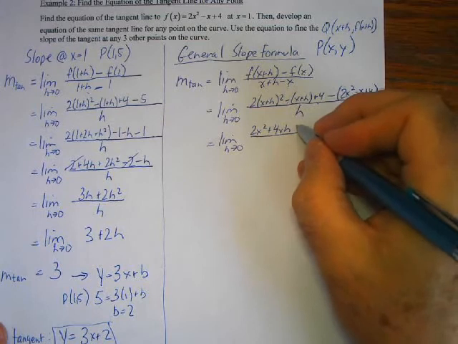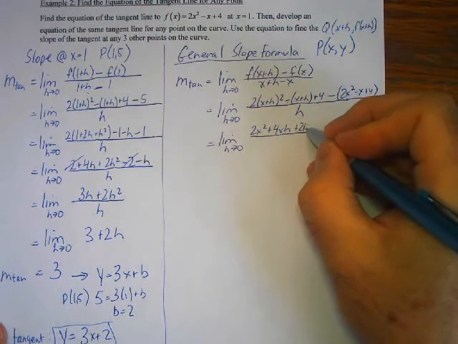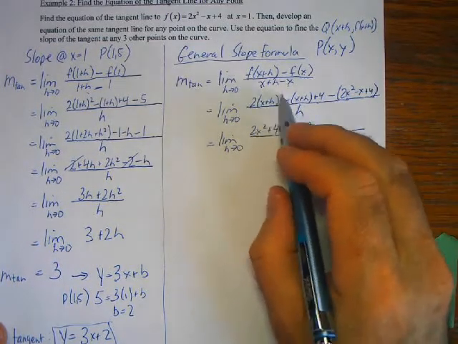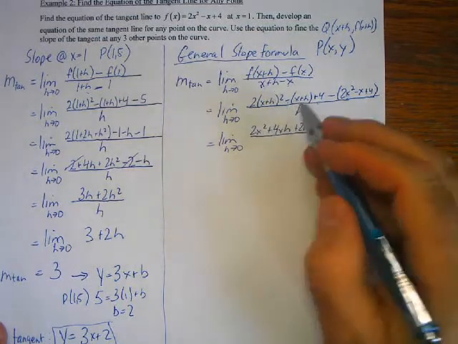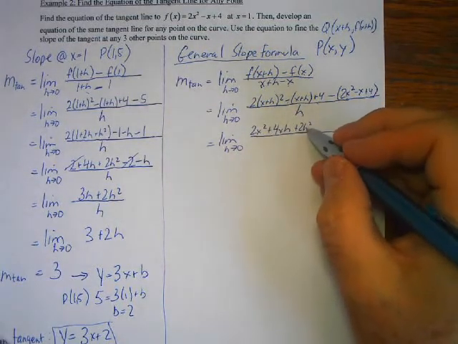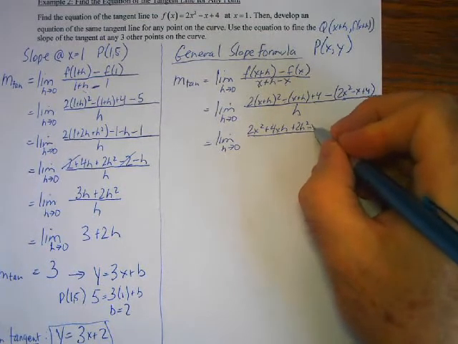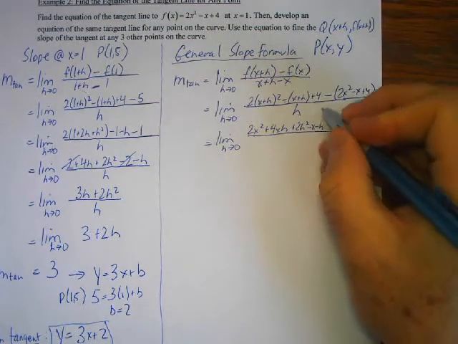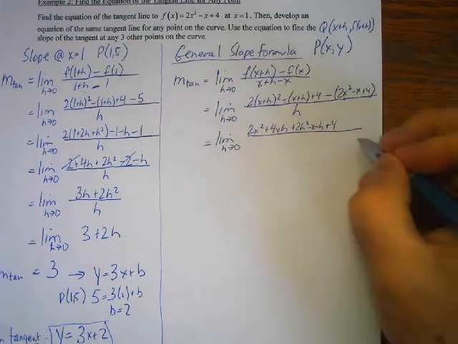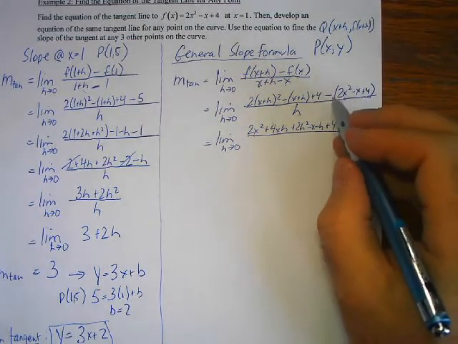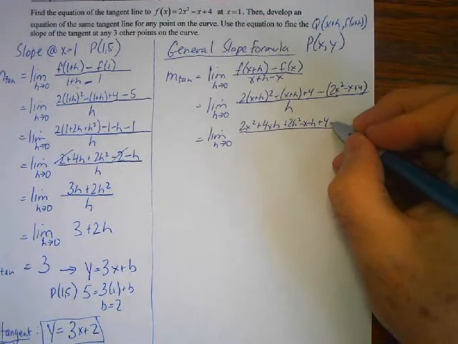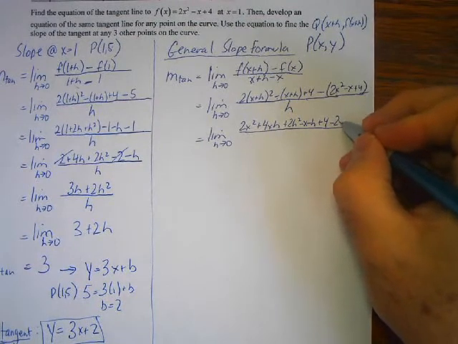Okay, so that part just comes from 2 times x plus h squared. And now I have my minus x minus h plus 4. Now this, I have to apply the subtraction to inside the brackets. So minus 2x squared plus x minus 4.